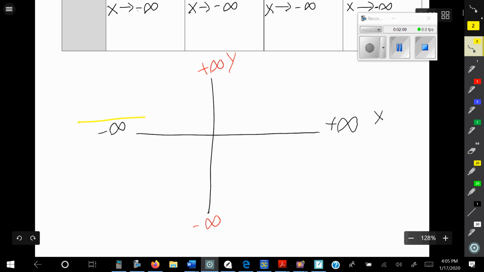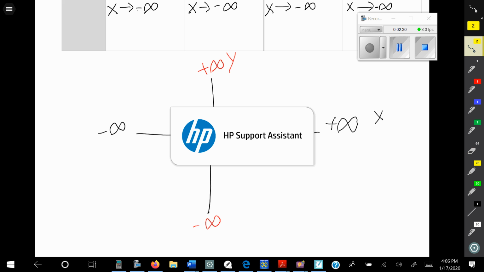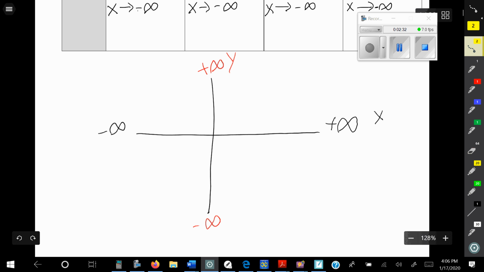And as far left as you can go is negative infinity for x. For y, as far up as you can go is positive infinity, and as far down as you can go is negative infinity. So what I want to know is if your graph goes to positive infinity for x, what does it do for y? And when it goes to negative infinity for x, what does the y do?